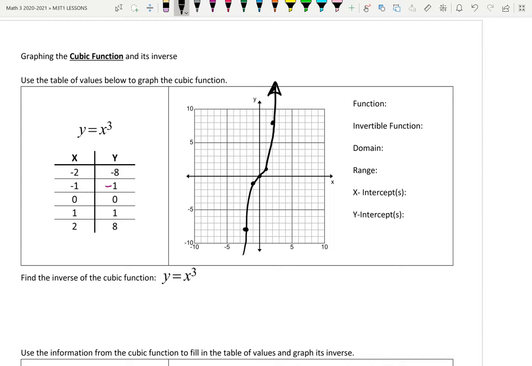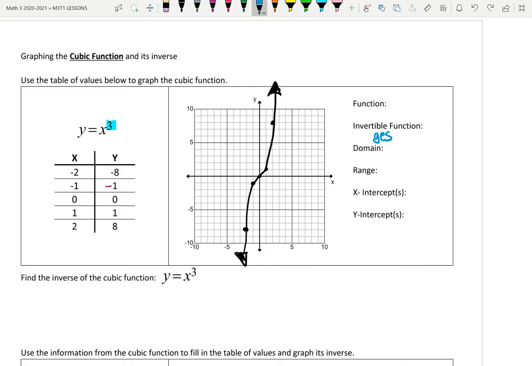This is what a cubic will look like. Now, technically, immediately, since I know that it is going to be odd, I know that it is invertible. I also know that because it passes the horizontal line test. But I can make that conclusion before I graph.